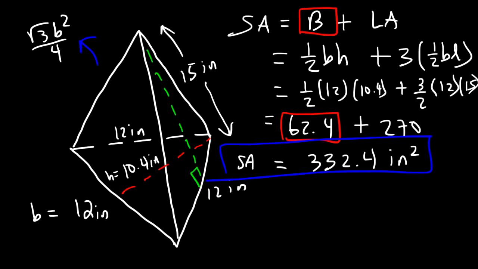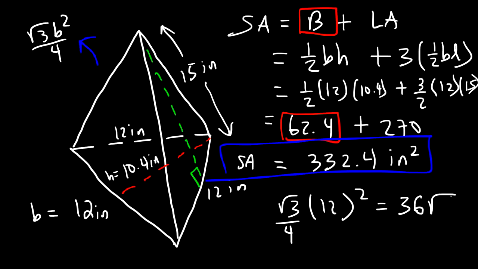Now, if we were to use this formula, let's see what we're going to get. So b is 12. B squared, 12 squared is 144, divided by 4, that's 36. So this is going to be 36 root 3. 36 root 3 is 62.35, which if you round it, that's about 62.4.